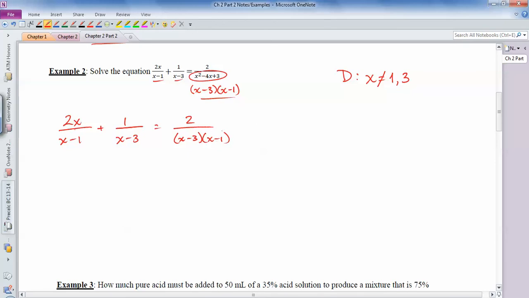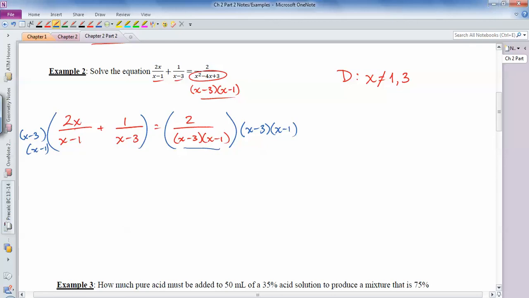So I'm going to multiply both sides by x minus 3 times x minus 1 in order to get rid of this whole denominator, and this whole side by x minus 3, x minus 1 as well. I'll just cram it in here.